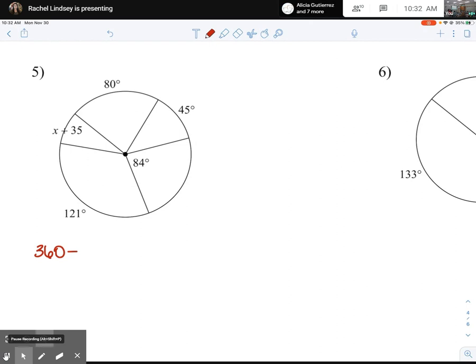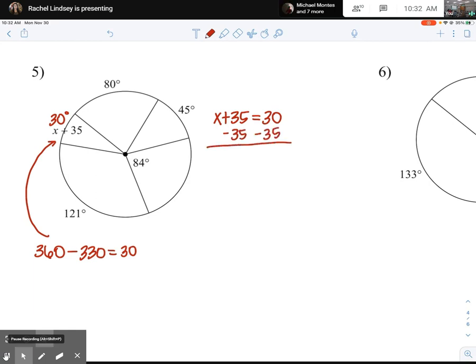So 360 minus 330, when you add them all up. 30. So x plus 35 equals 30. That is how we'll solve for x. So subtract 35. And what's 30 minus 35? -5.